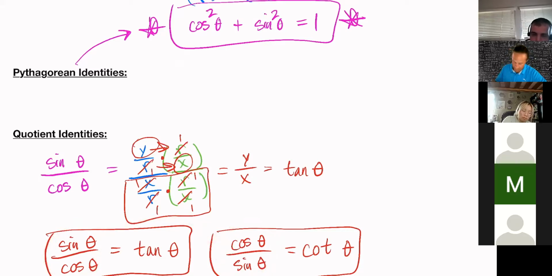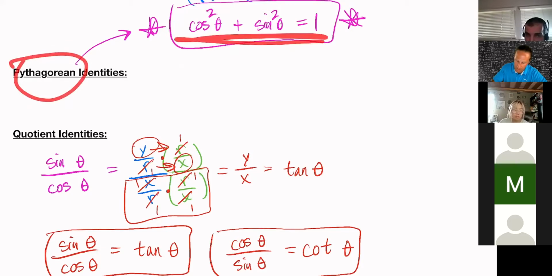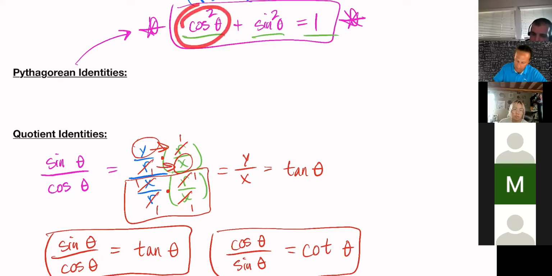Appreciate that. So the last thing that we're going to do is we're going to go back up here to what we called the Pythagorean identity, and we're going to divide this whole equation by either sine or cosine. You guys take your pick. Which one do you want to do first? Cosine.